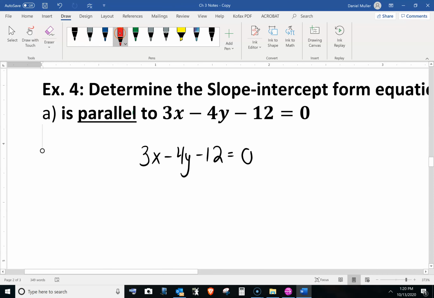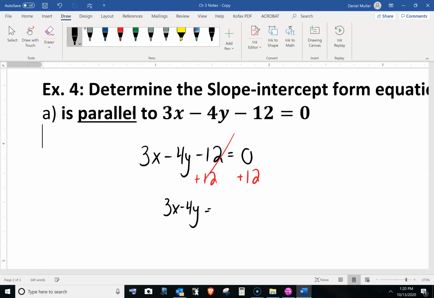So let's move over the 12. We're going to add the 12 to the other side. So I have 3x minus 4y equals 12. And then I'll minus 3x over.